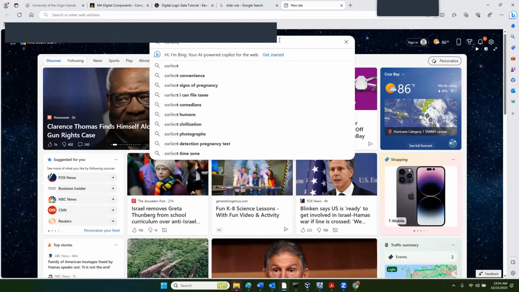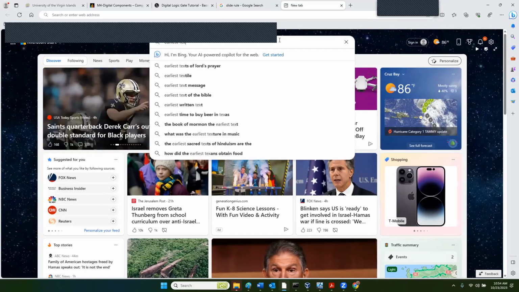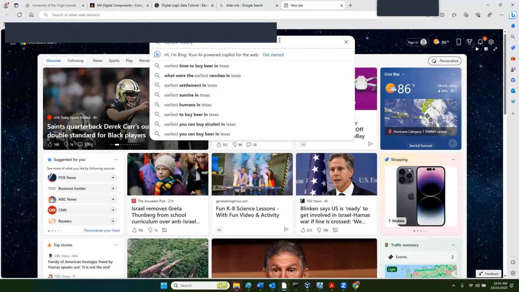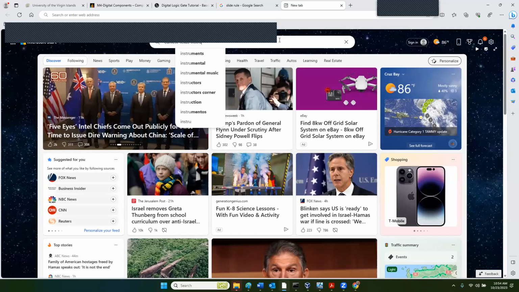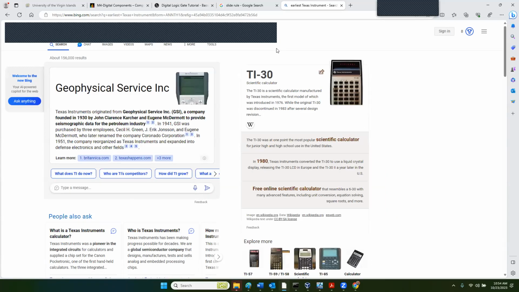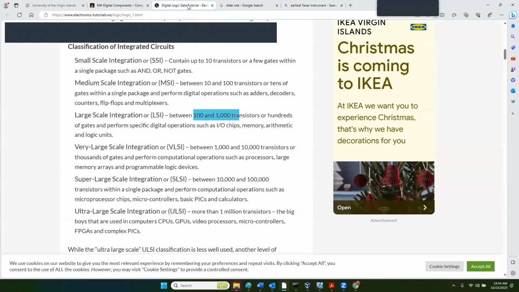earliest Texas Instrument calculator, right? So Hewlett-Packard was a company that built calculators, and so did Texas Instruments. So Texas Instruments and Hewlett-Packard were two companies that took advantage of the VLSI, right?